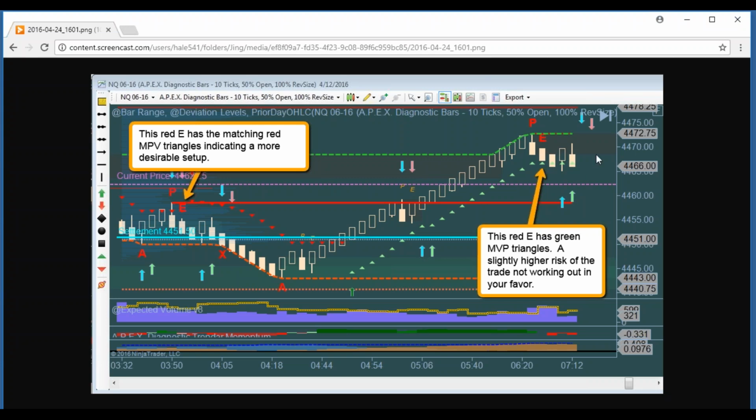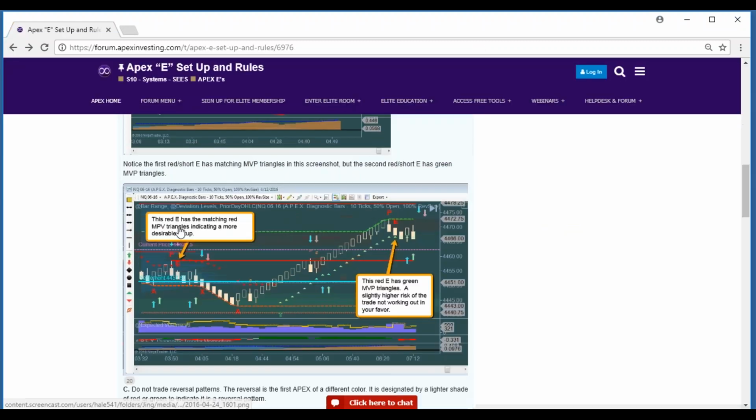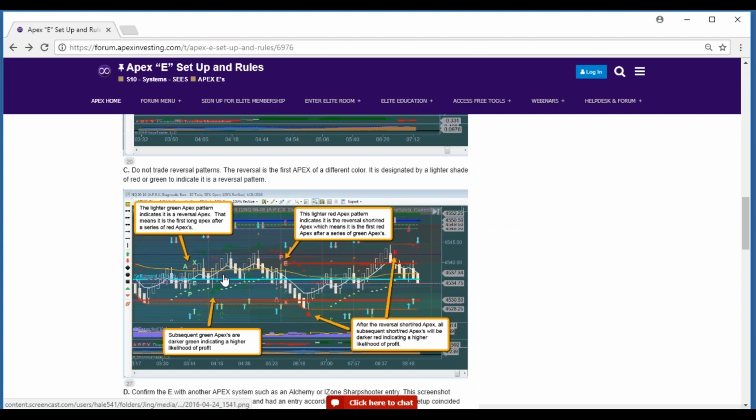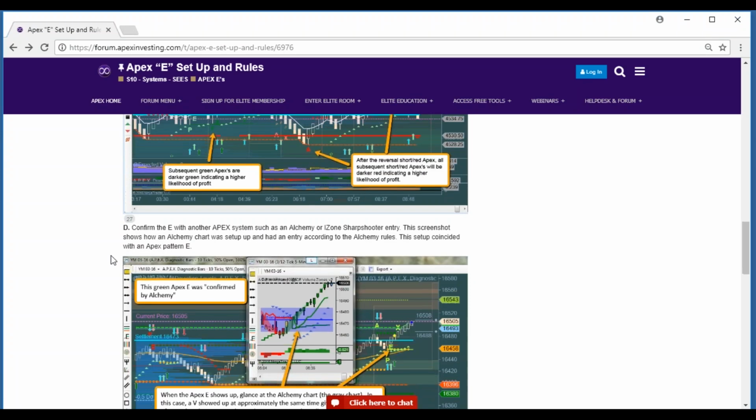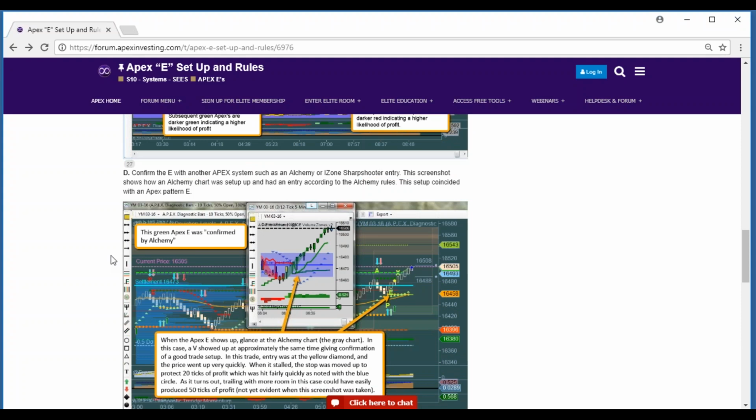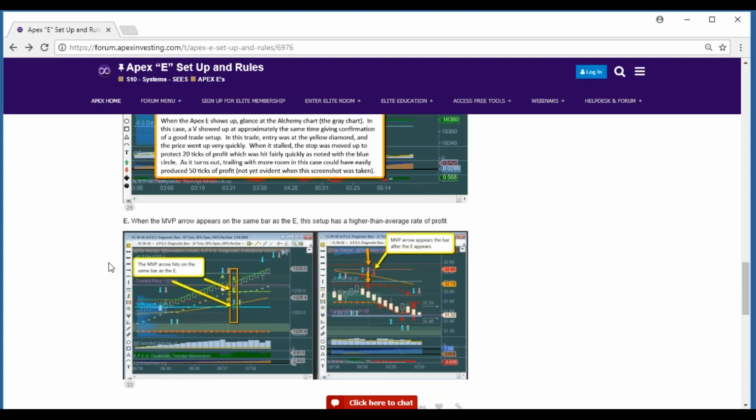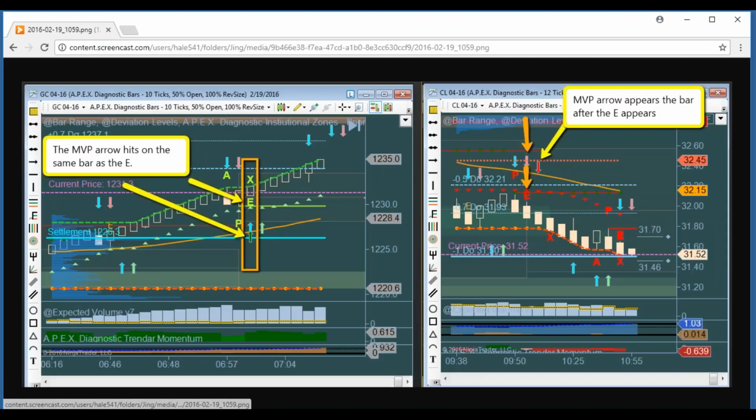You look like you get into some chop and it might keep on going. Does that make sense? You're not taking every E. You're taking the good ones that line up with the MVP, or that line up with hidden divergence, or some VAD divergence, right? Make sense?